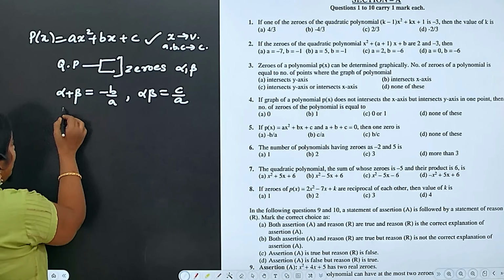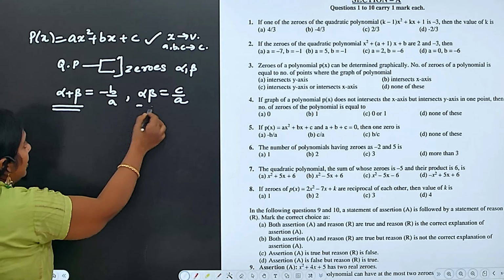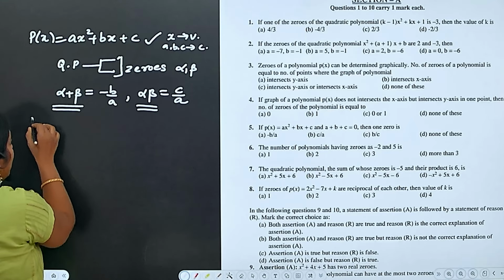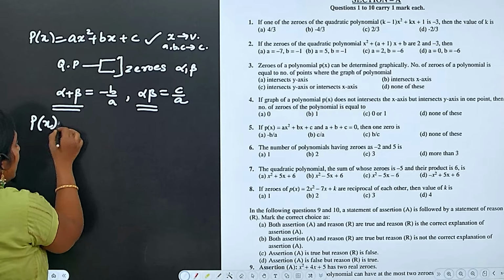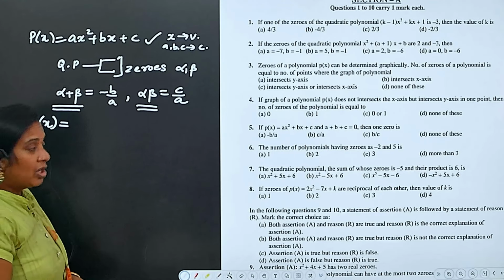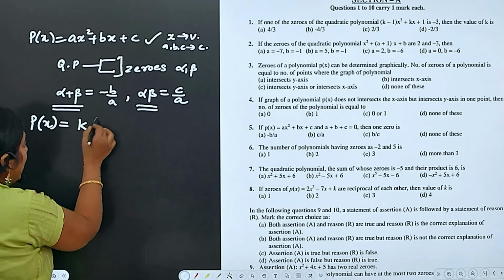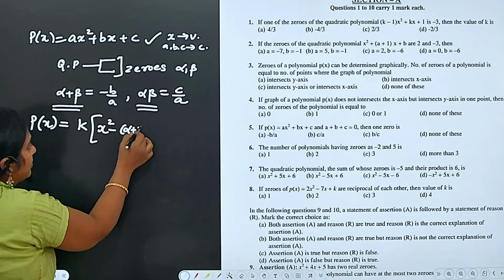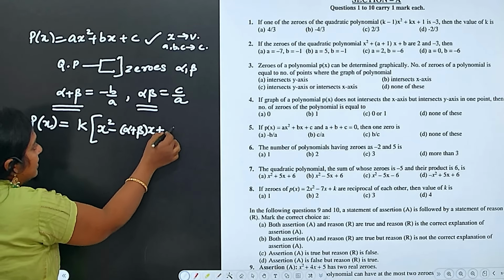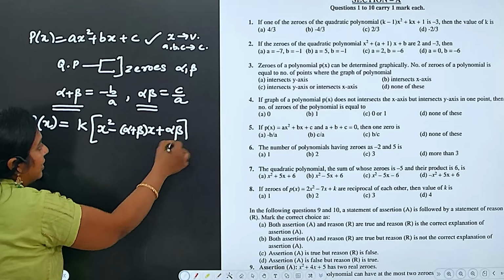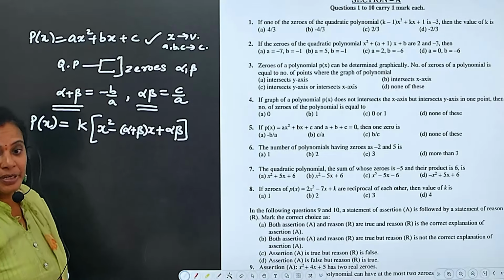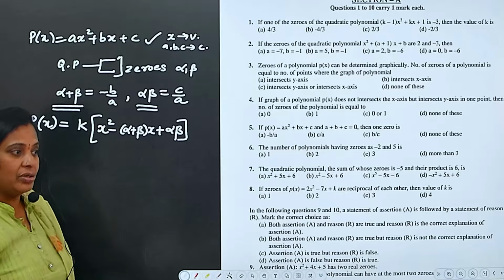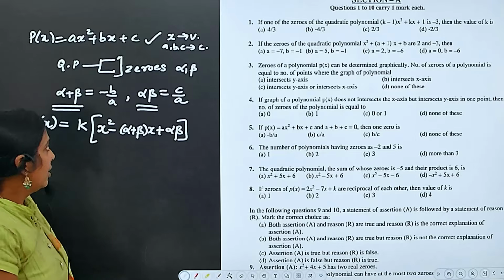Then if you know the sum of the zeros and product of the zeros, how to find out the polynomial expression? The polynomial expression is equal to k into x square minus of alpha plus beta into x plus alpha beta. This is the polynomial expression when we know the two zeros of the polynomial.